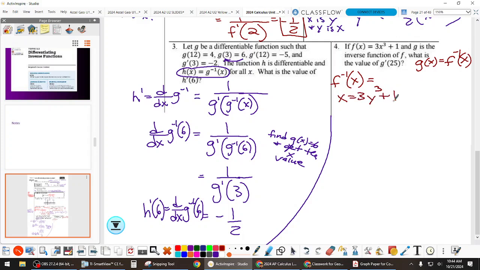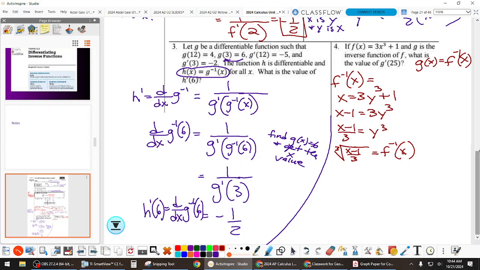And then we just solve for the y. So x minus 1, and then divide by 3, and then cube root. Okay.